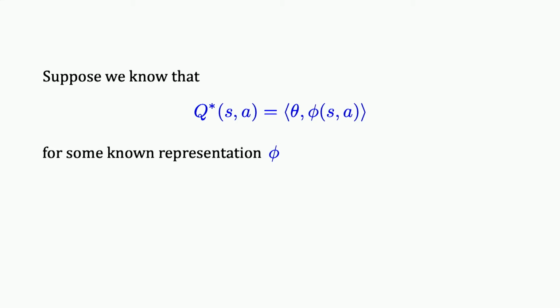So this object that you want to know, how good is action A in state S, is linear. There are some unknown coefficients theta, as in regression, and there is a known feature map phi, which takes your state and action. Think of this as a fixed neural network: you push them through the network and read off the top layer, and that's your feature. So there is some fixed feature that you know, and all you need to do is learn the coefficients at the very top layer.